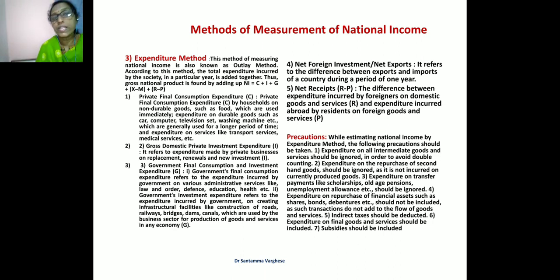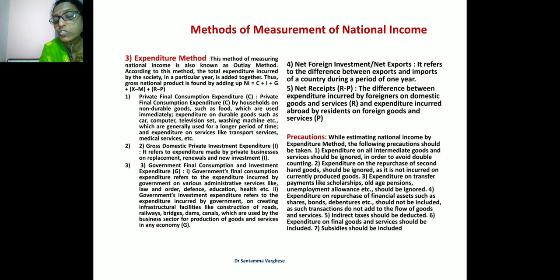Now, when we calculate by the expenditure method, what all things do we have to take into account? Precautions we have to take. Expenditure on all the intermediate goods and services should be ignored. Expenditure on repurchase of second-hand goods should be ignored. Expenditure on transfer payments such as scholarship, old age pensions, unemployment allowance, etc. should be ignored.